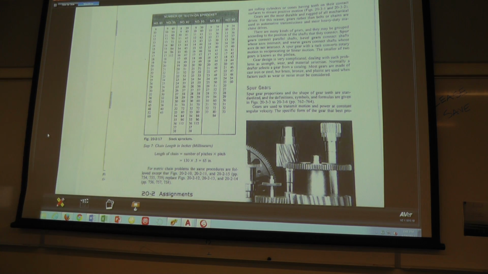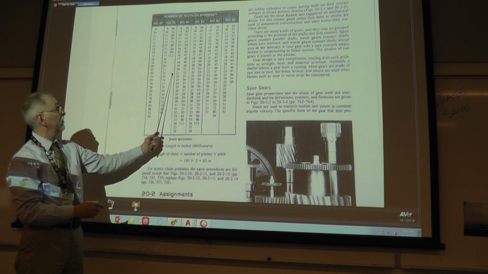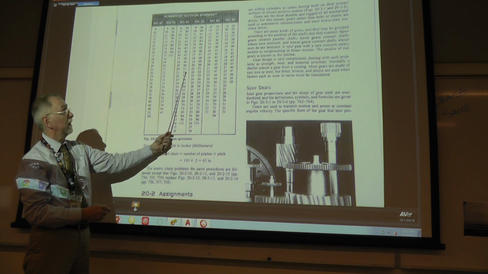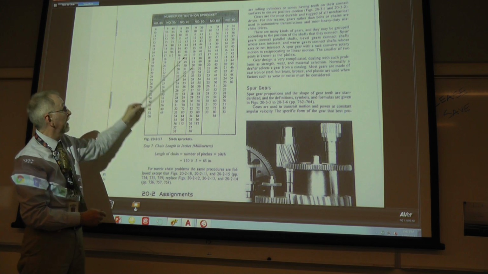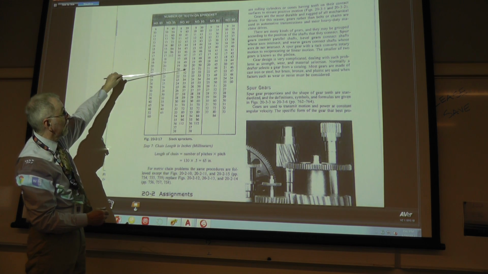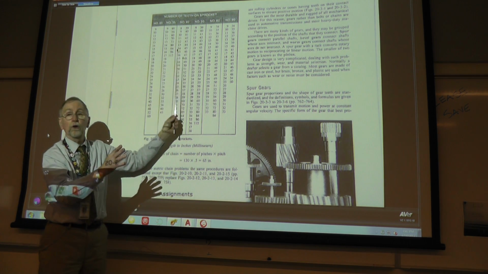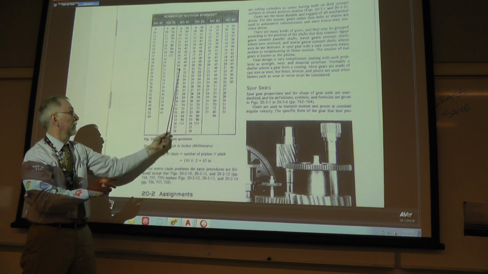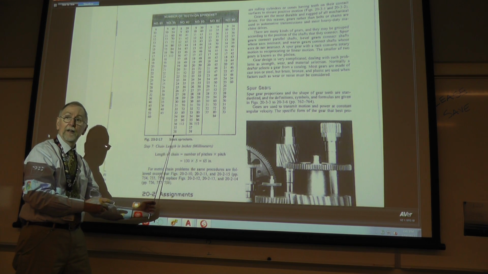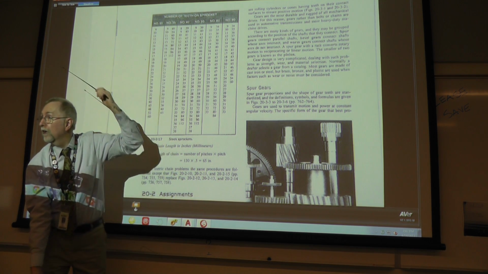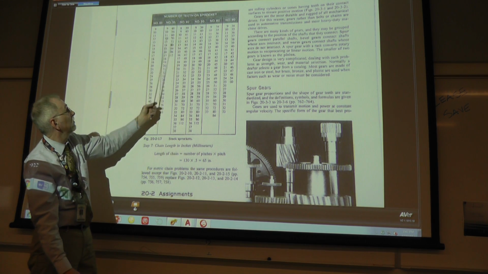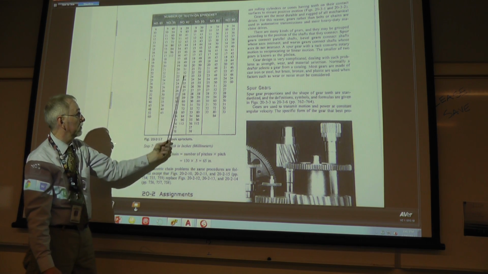Now, what turned up yesterday in the class was people thought that maybe there was a correlation between the numbers in this column and the numbers in this column. And that if I had a 20, then I should try to find a 51 or 50 or 52. There is no correlation. This is just numbers. Down to 38, they ran out of room. They didn't want to make the column twice as long, and they just started another set of numbers over here.